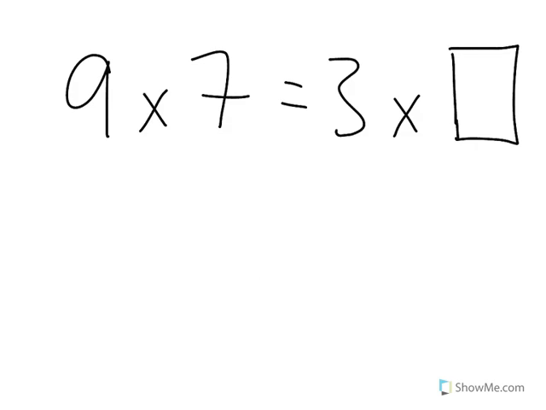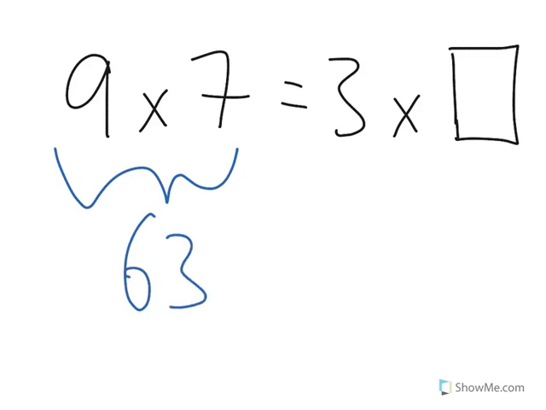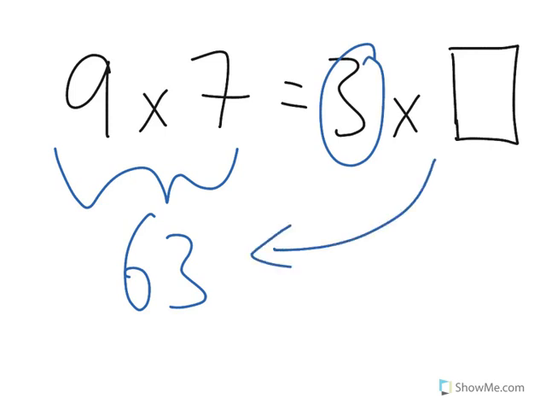The first question is 9 times 7 equals 3 times what? Okay, so let's begin. Over on this side, we know that 9 times 7 is 63. So 3 times what will give us 63?